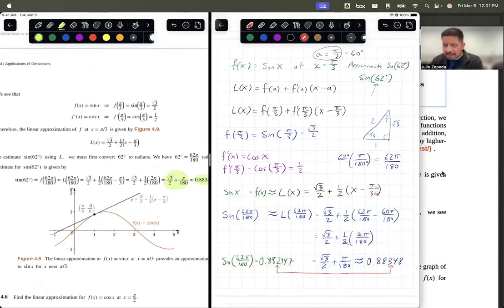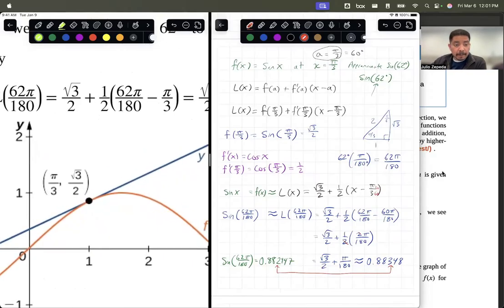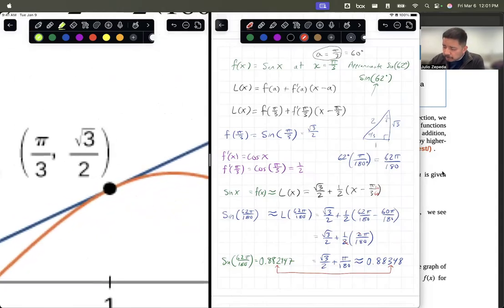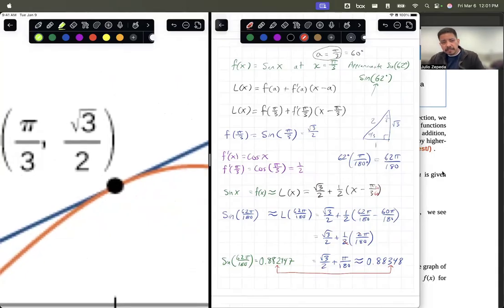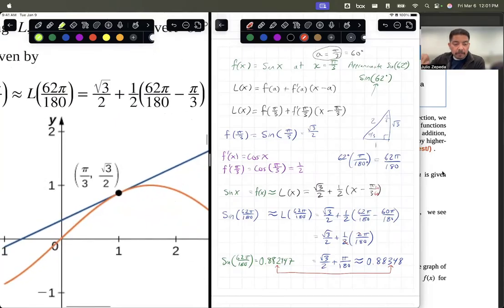We can see again, we really want to understand the idea here. And the idea is that the tangent line, the line in blue, when you zoom in really close to the point of tangency, you can almost not tell that red curve and the blue line apart, right? They're basically the same in a sense. Now we can see far away from the point of tangency, they differ by quite a lot.